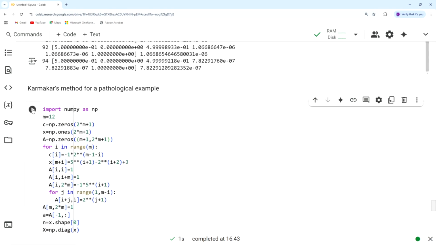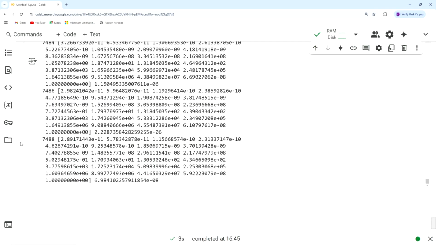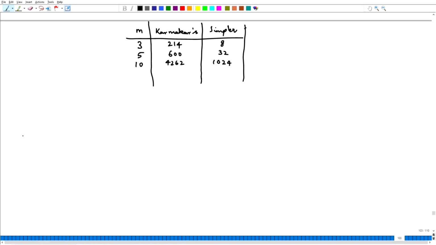Let us see how many iterations Karmaker's method takes. It has taken roughly 7488 for 12, and simplex would have taken 4096, since 2 power 12 is 4096.